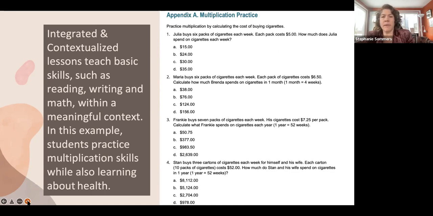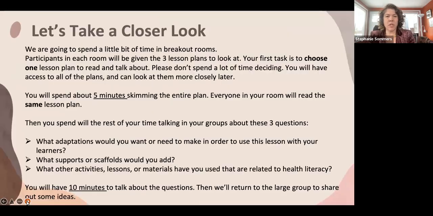And then they're also going to be doing some of this math practice, but the context is figuring out how much one could save by cutting down or quitting smoking. And I guess the other side of that is you're really putting a price on how much you're spending when you have a smoking habit. Okay. So those are the 3 lessons quickly and in a nutshell.